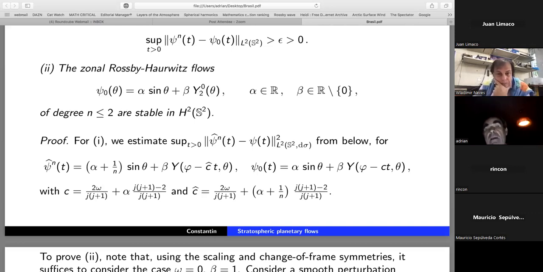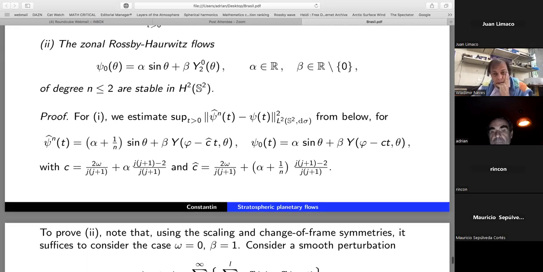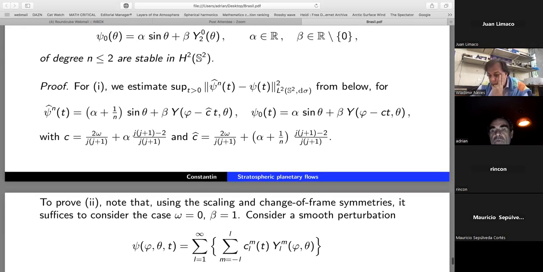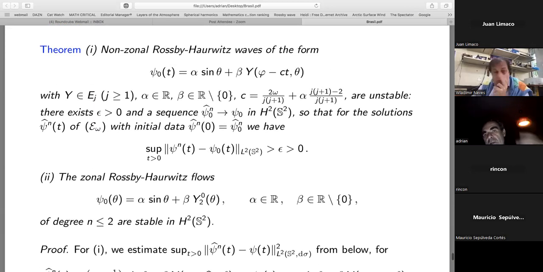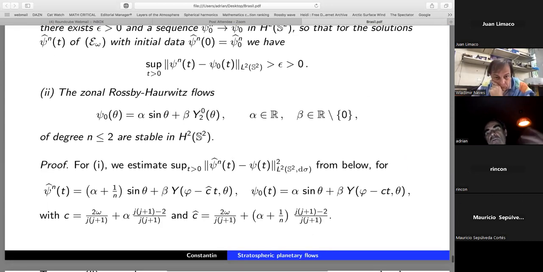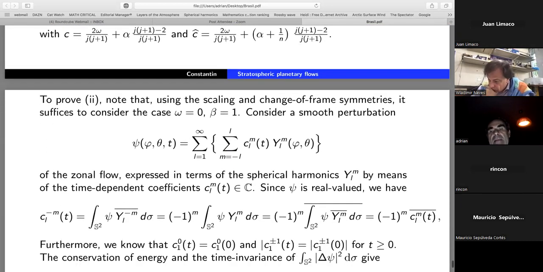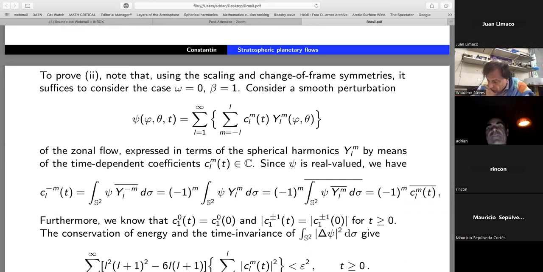But like I said, field data is not reliable, because these waves typically are superimposed with other waves, so it's very difficult to follow them. And there's also the issue of the time scale. So what do you do? Well, first of all, you use an invariant, and then you use the invariance. The idea is the following. You take a stream function and you expand it in terms of the spherical harmonics.